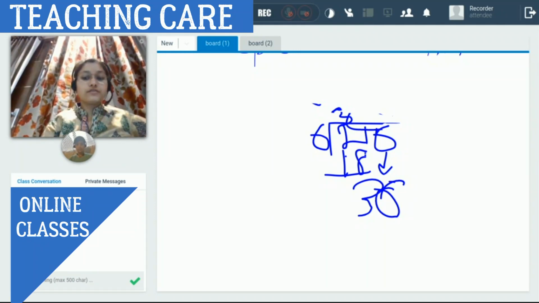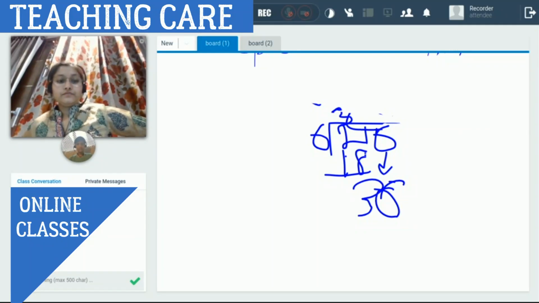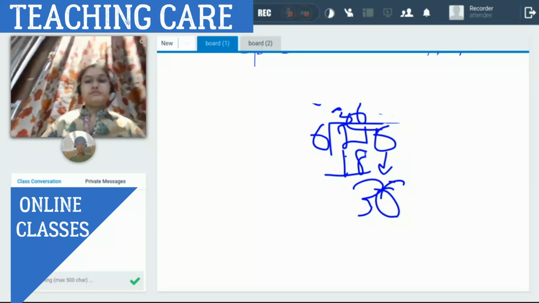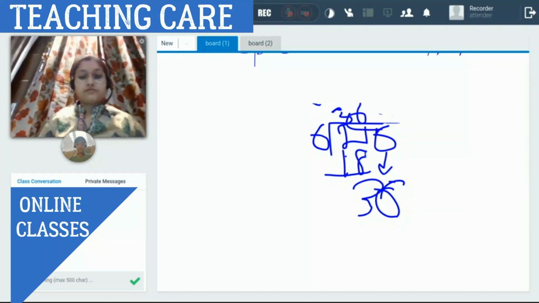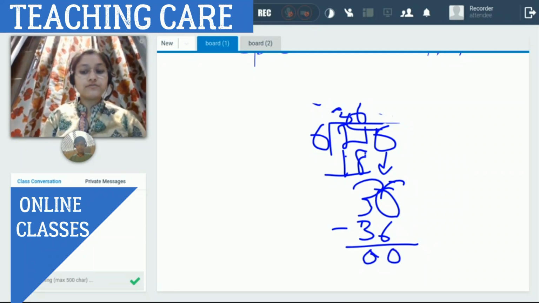Now check, 36 is divisible by 6. There's no number here, so now see, 6 into 6, 36. When I subtract it, I will get 0.